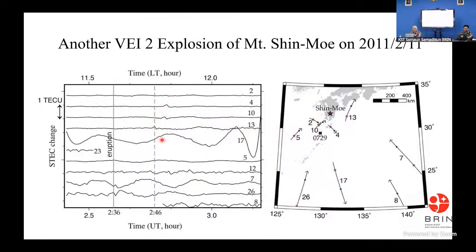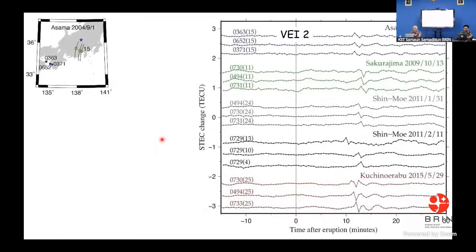It is not so large, but it's clear. And I compared the disturbance from 5 different volcanic explosions in Japan, and they occur 10 or 12 minutes after the explosion.